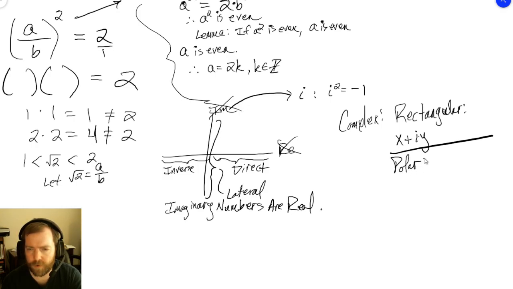The polar coordinate system for complex numbers actually makes much more sense, but you have to understand trig pretty well in order to do it.